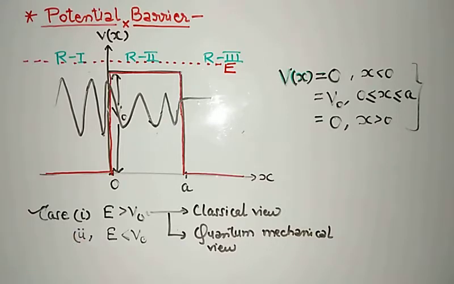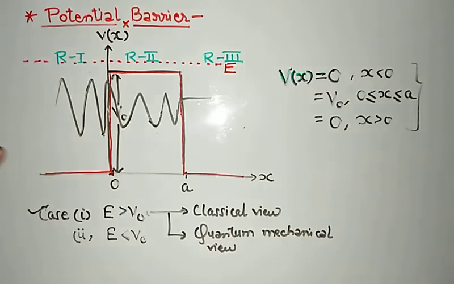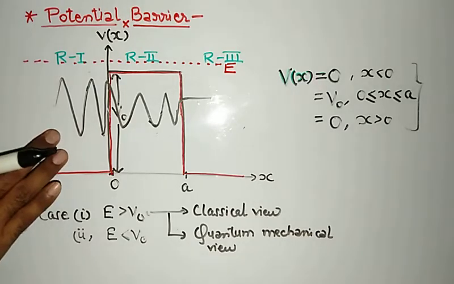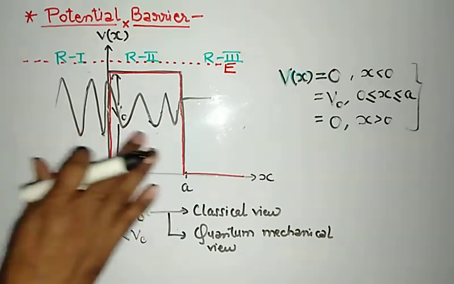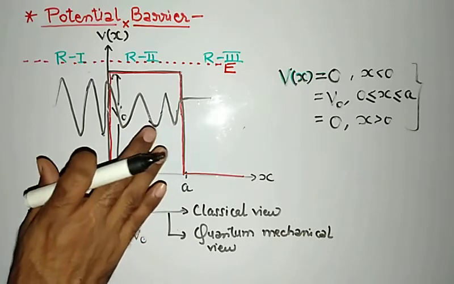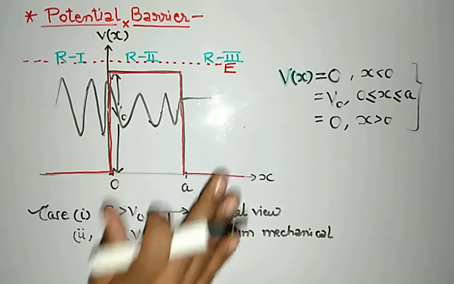Now, in the classical sense, when the energy of the beam of particles is greater than the barrier, the particles will enter from region first to region second, because of higher energy it will transmit here, and from region second to region third it will again transmit.